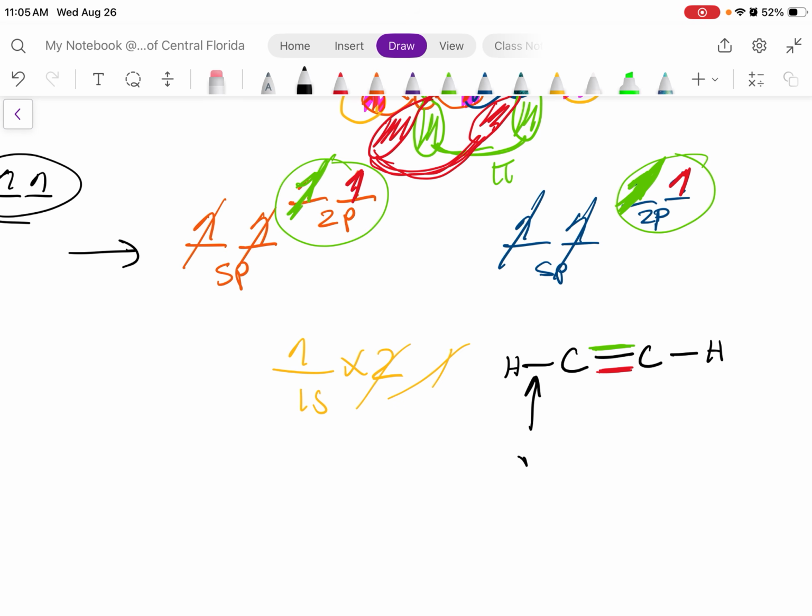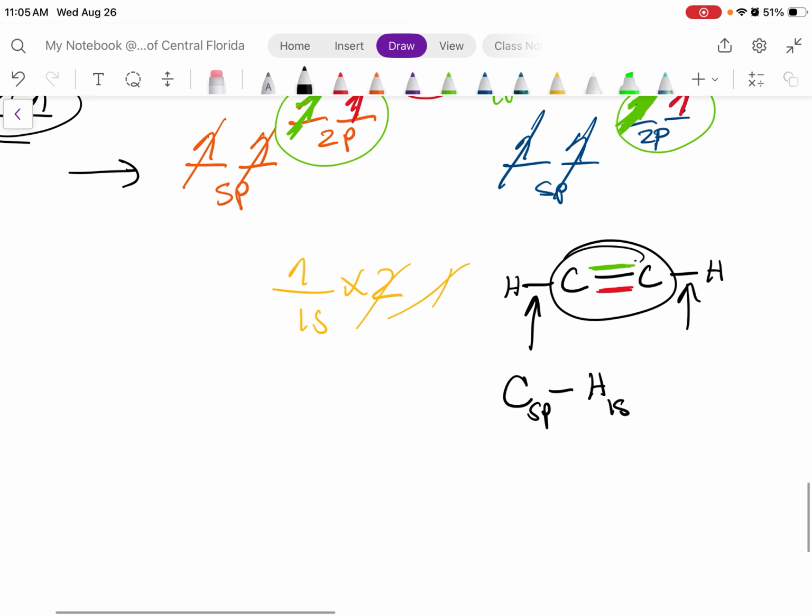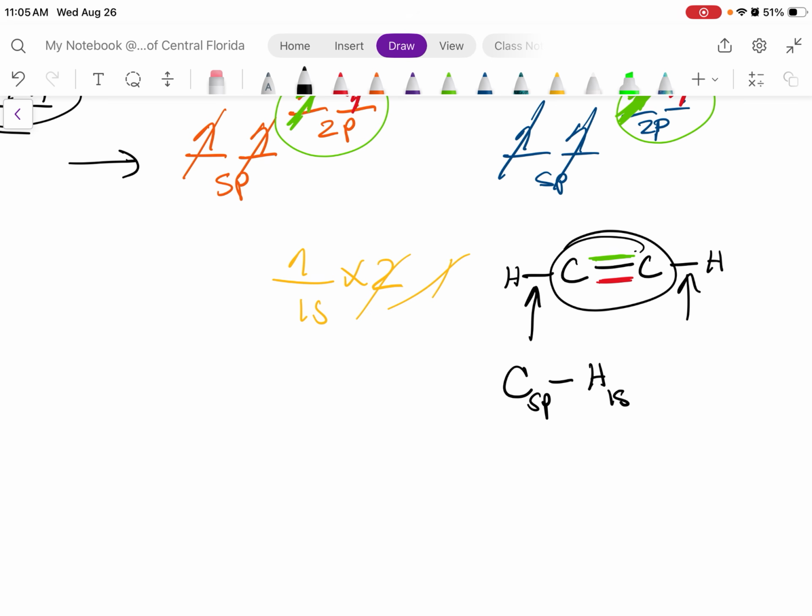You would say, well, you have a carbon that is sp hybridized, bonded to a hydrogen that is 1s. And so that would be the exact same. How would you describe the bonding between those two carbons? Well, you would say you have a carbon that is sp hybridized, forming a sigma bond with the other carbon that is also sp hybridized.